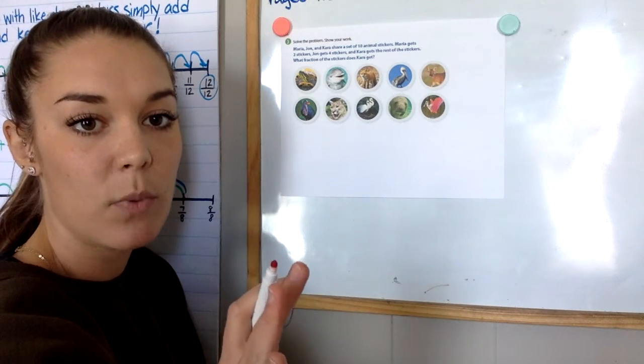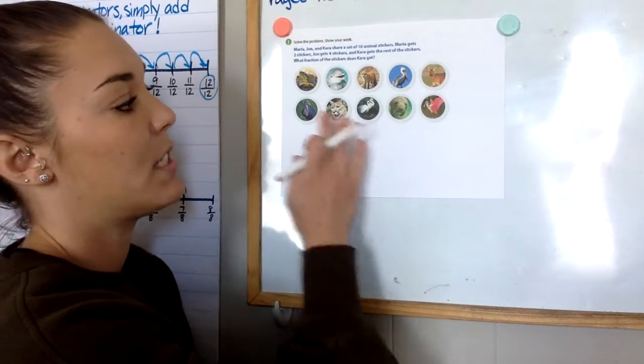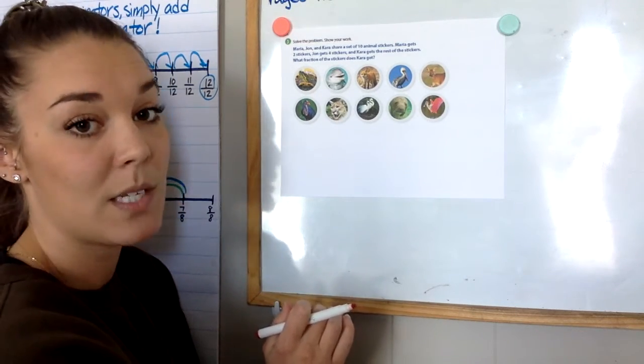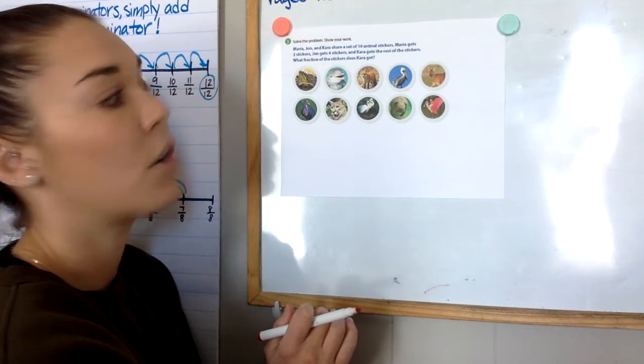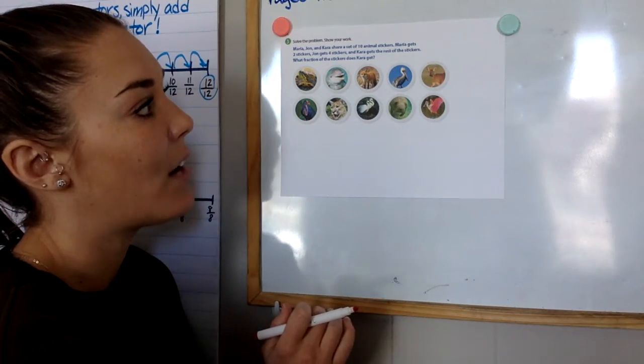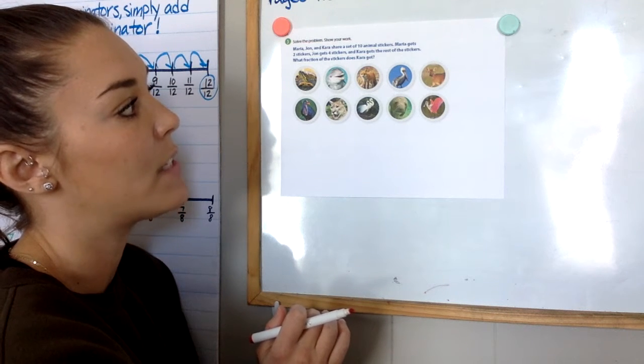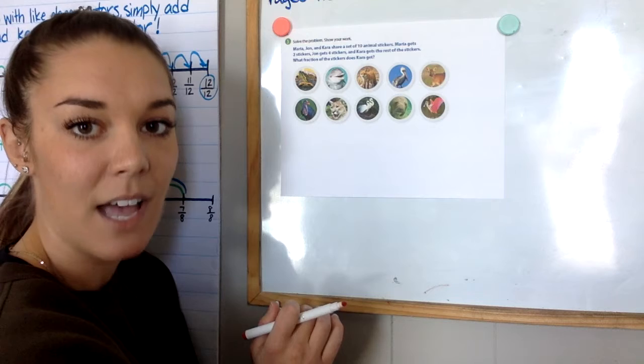So right away, boys and girls, we know that in this whole, there's 10 equal parts. Maria gets 2 stickers. John gets 4 stickers. And Kara gets the rest of the stickers. What fraction of the stickers does Kara get?